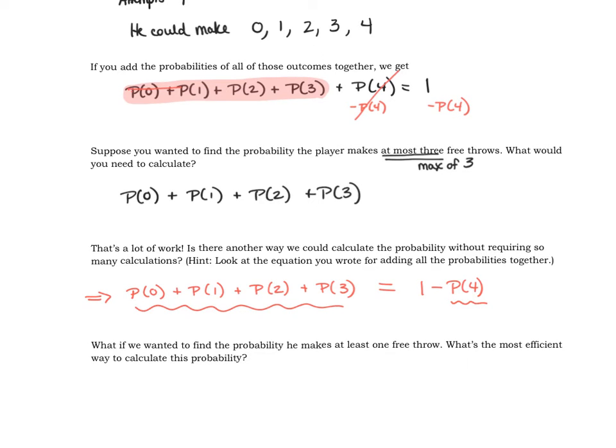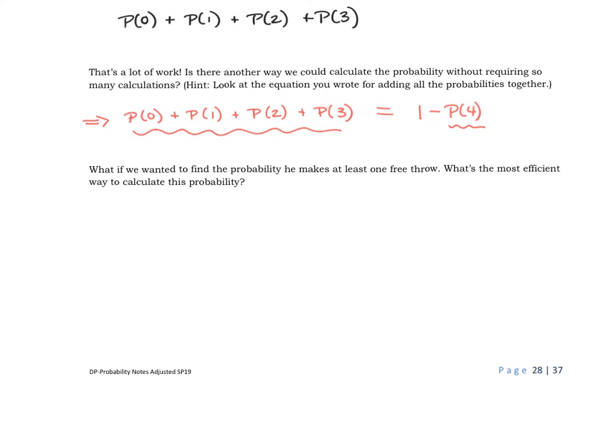You are free to add up all 4 of the 0 through 3 successes if you want to, but it's certainly going to be faster to calculate the 1 scenario we're not interested in, making all of the free throws, and subtracting from 1. Now, thinking along a similar vein, what if we want to find the probability he makes at least 1 free throw?